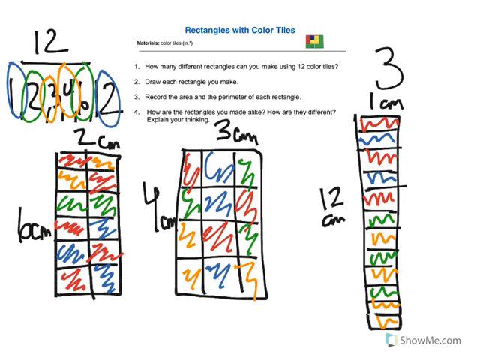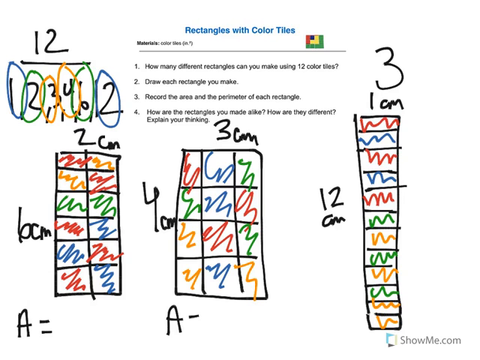Alright, so now it wants us to figure out the area and the perimeter of each of our rectangles that we've created. So here if we look at our 6 by 2, let's do all the areas first.